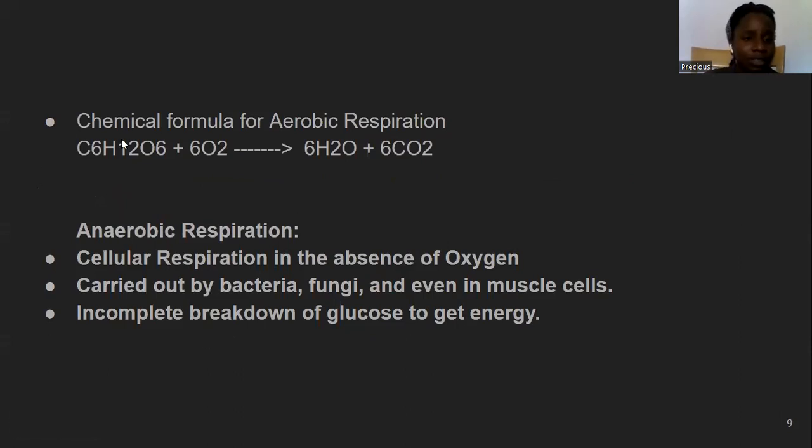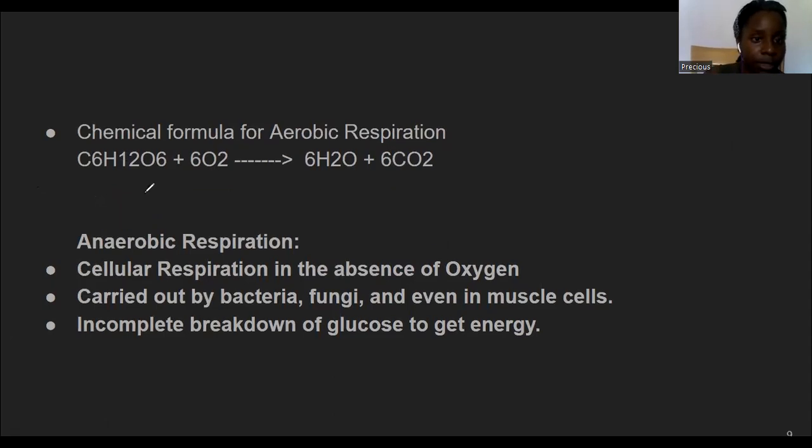So this notation is probably not the best way. So let's write it out in a proper way, the way it would actually look. So this is what it looks like. Glucose, which is represented by C6H12O6, is going to react with oxygen.